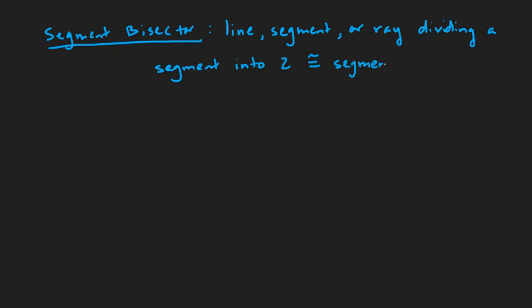So again, if you need to write the word congruent, do it. But I'm going to put this symbol for congruent segments. And that means that it passes through the midpoint.